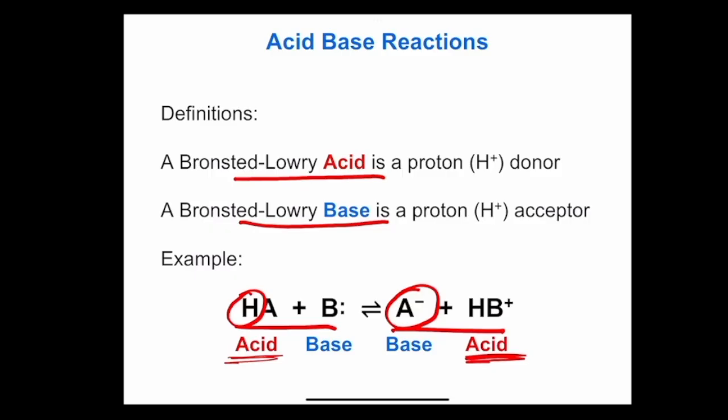This is like a tug of war. Really what we're evaluating here is, on either side of this equilibria, which side is going to hold on to that proton better? In other words, a very stable acid here, what does that mean about this equilibria? If the acid HA was more stable than the acid BH+, which way should this equilibrium move? If I said this was more stable, equilibrium should move to the left.